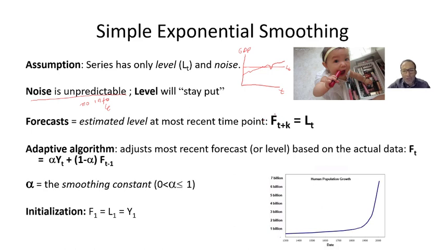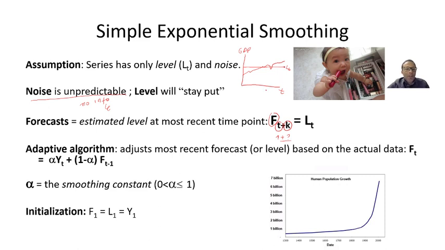This F is the forecast, this T is the time of the time series, and this K is the number of observations that we want to forecast, so from time T plus something. The future forecast equals the level at T.